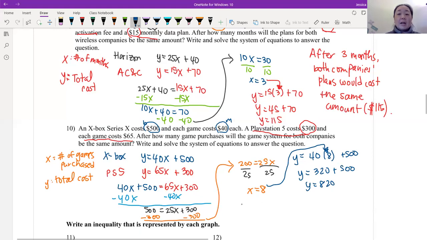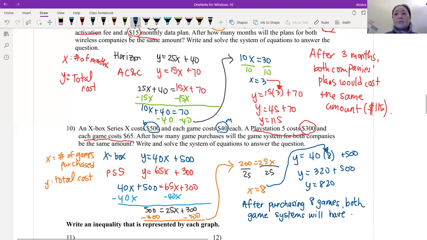Which means after purchasing 8 games, both game systems will have a total cost of $820.